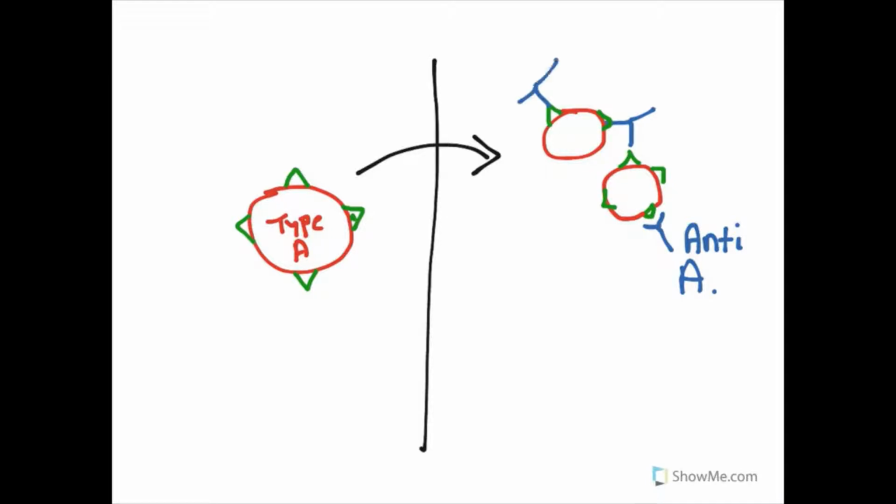And what you'll get is this clumping, where these antigens and antibodies clump together in a massive way due to all the antibodies stuck to them.